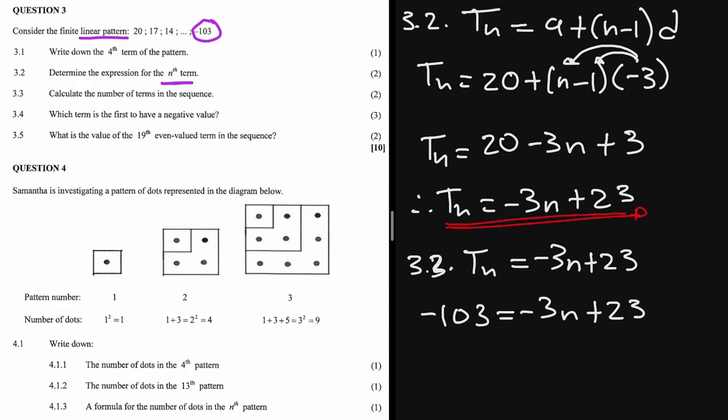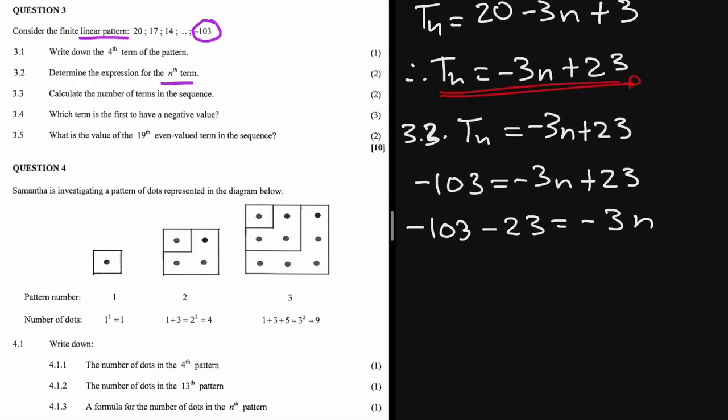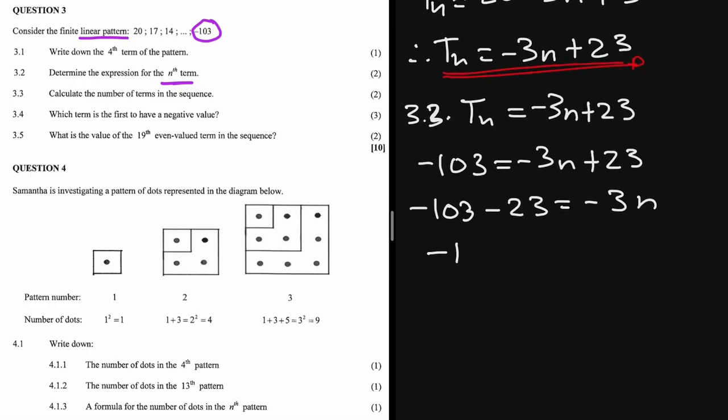So now the 23 will come to the other side, therefore it's going to be -103 minus 23, which is equal to -3n. Negative 103 minus 23 gives us negative 126, which equals -3n.